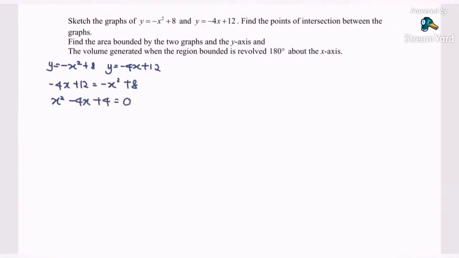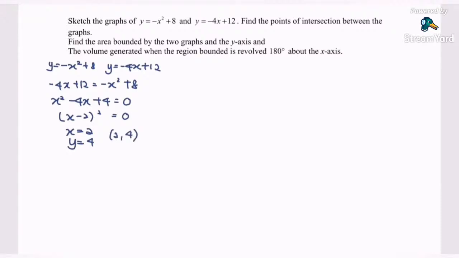Then factor the equation. So where x equals 2. When x equals 2, y equals 4. So the intersection point between the graphs would be (2, 4).